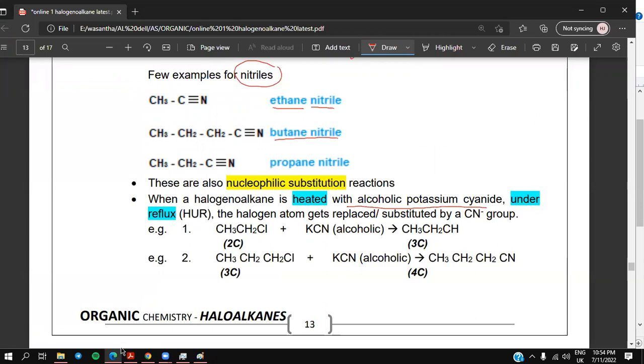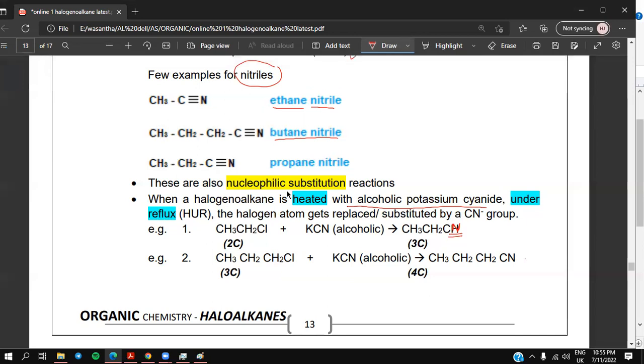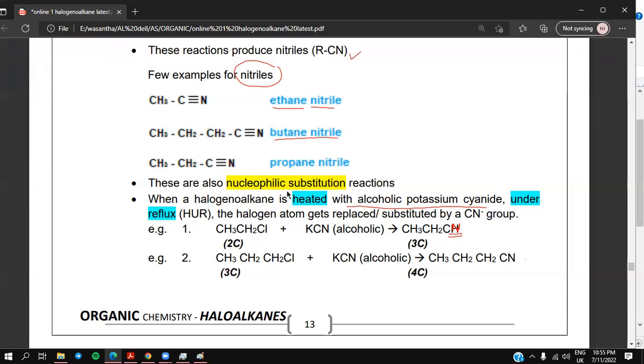See, CH3, CH2, Cl with 2 carbon atoms changes to CH3, CH2, CN. If you react this 3 carbon halogenoalkane, CH3, CH2, CH2, Cl, it goes to CH3, CH2, CH2, CN. It's a nitrile with 4 carbon atoms, whereas the reactant has only 3 carbon atoms.